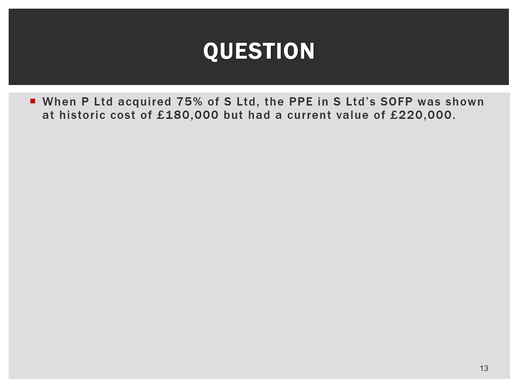But when P Limited purchased those shares, that equipment had a current market value of £220,000. And it would be that current market value that would be taken into account when calculating how much P Limited should pay for the shares in the company.